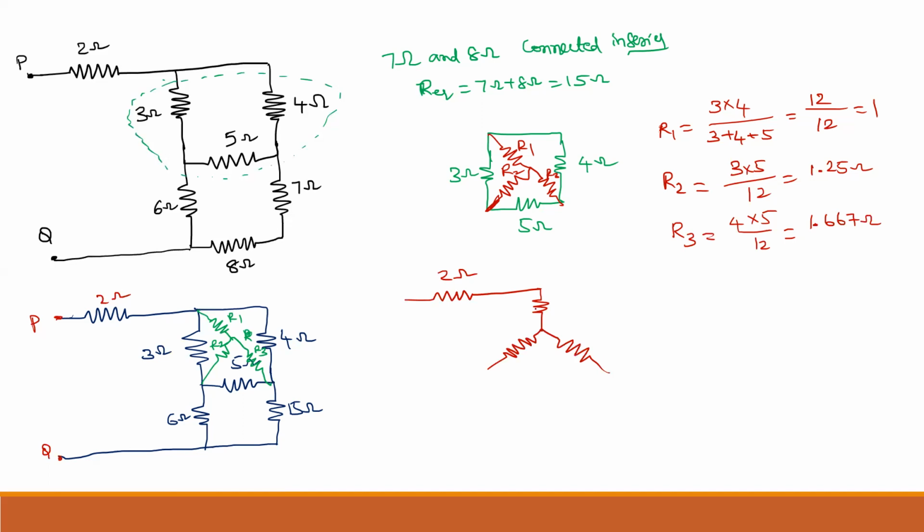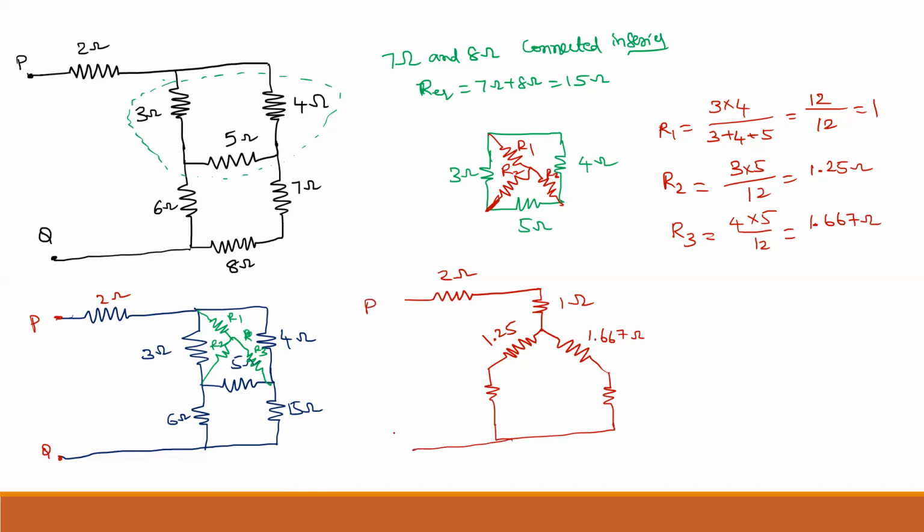The first one is R1, which is 1 ohm. R2 is on the left side, 1.25. Carefully write that, because if you misplace it, you will end up with the wrong answer. Then 1.667 ohm is R3. The remaining 6 ohm will be there, and here it is 15 ohms.